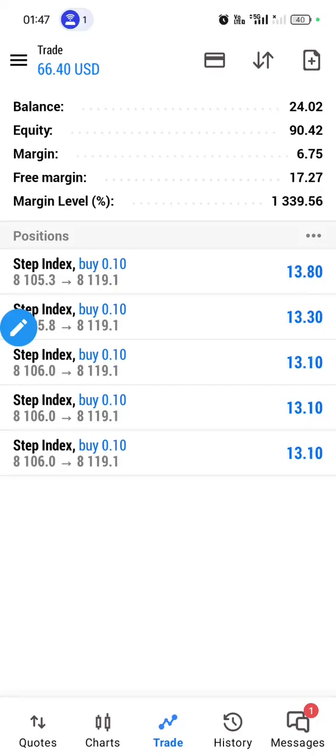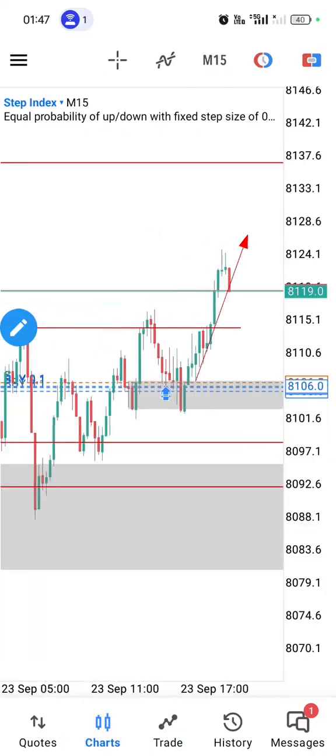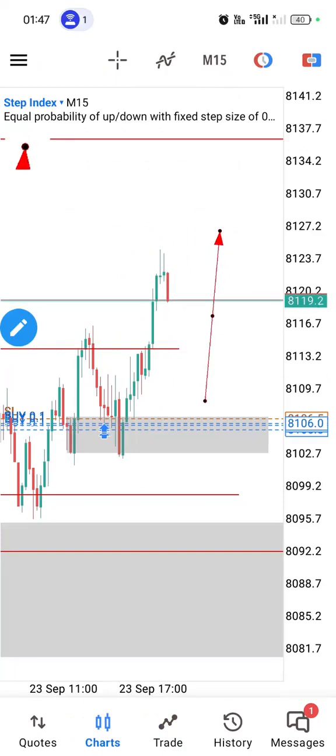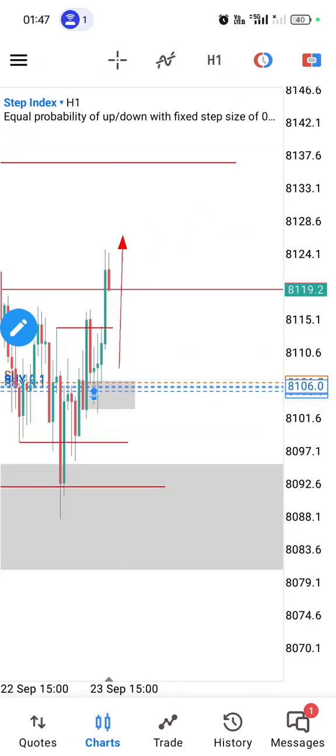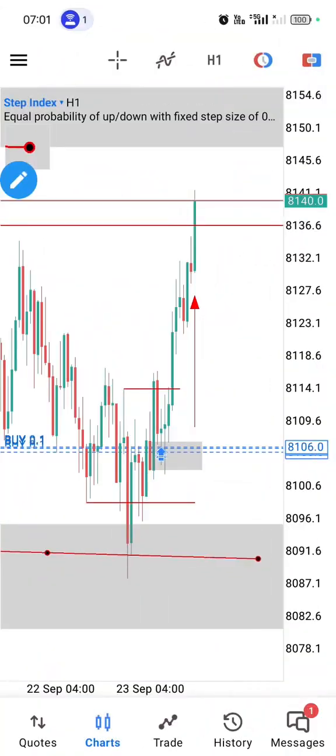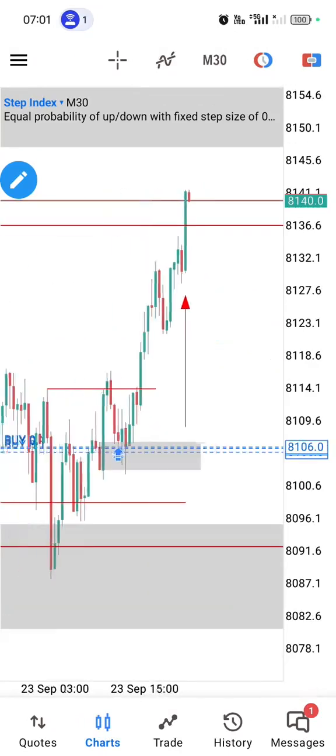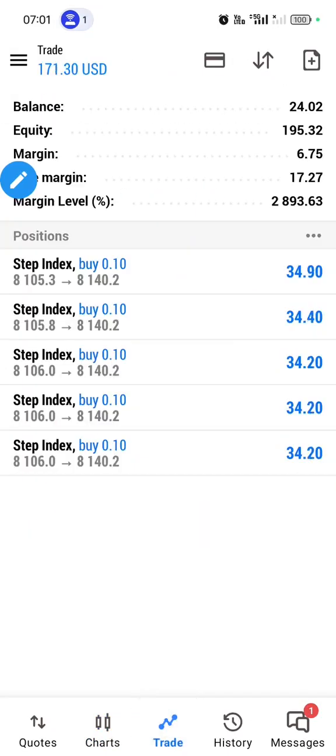Now, after a short amount of time, some few hours, you can already see we had a clean respect off of the 50-minute order block, or the 1 hour or 30-minute order block. Later on, price continued. This is after a lot of hours, and from 24 USD to 200 USD, that's a nice beautiful move.